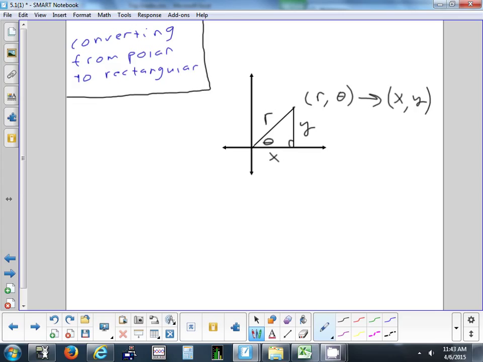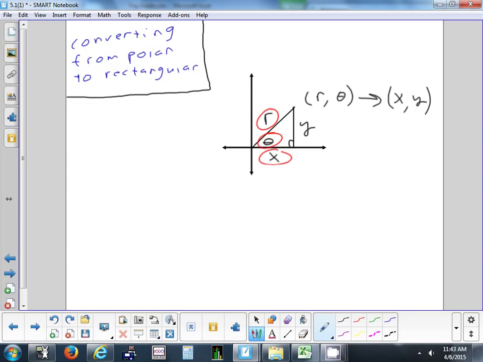And you'll be given r and you'll be given theta. Those will be numbers. All right, so if you knew r and you knew theta, and you wanted to find x, which trig function could you use? Sine, cosine, or tangent.